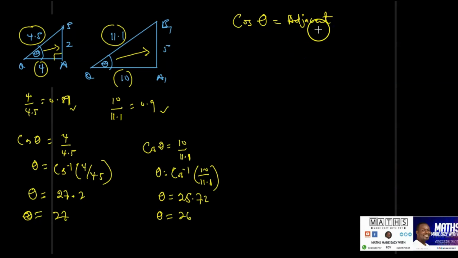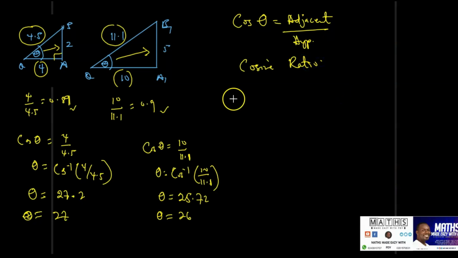The ratio between the adjacent side and the hypotenuse gives us cos of the angle theta. This is the next ratio, known as the cosine ratio.